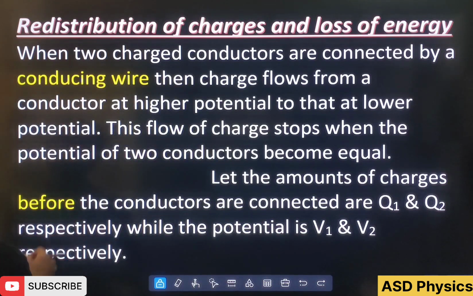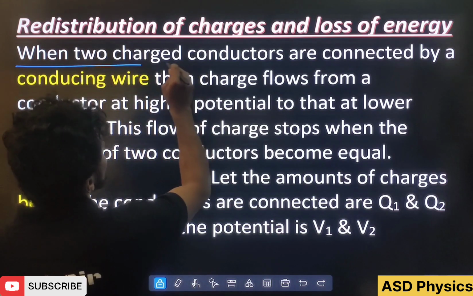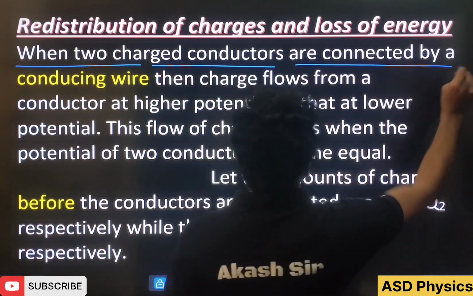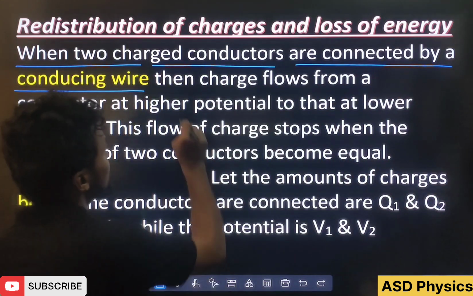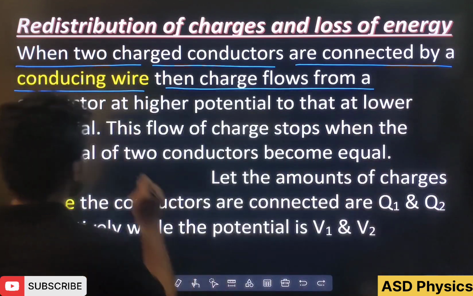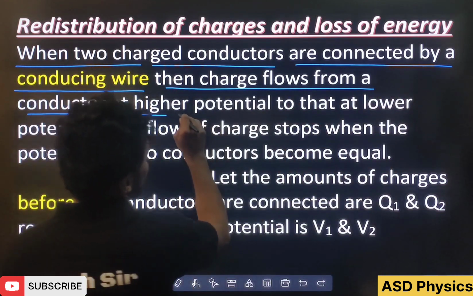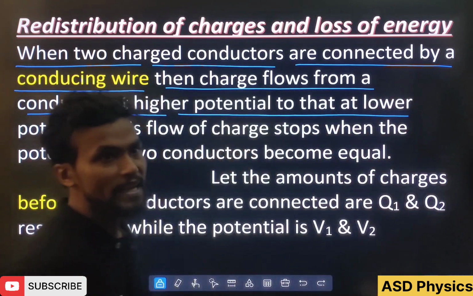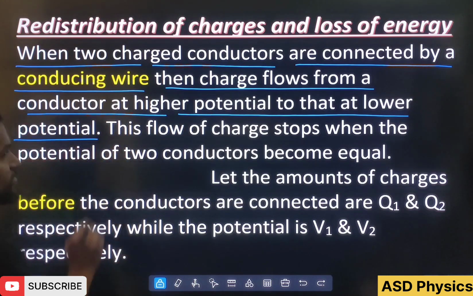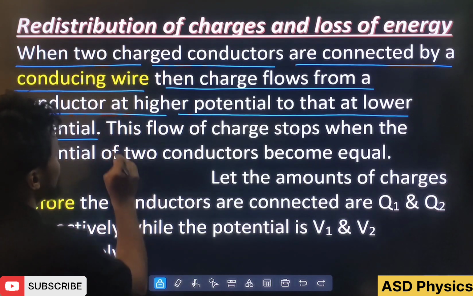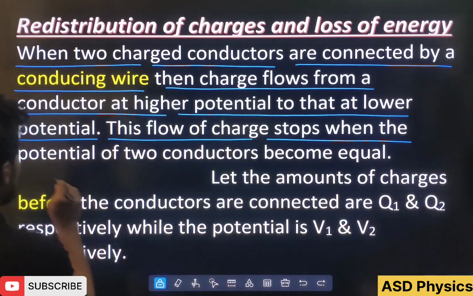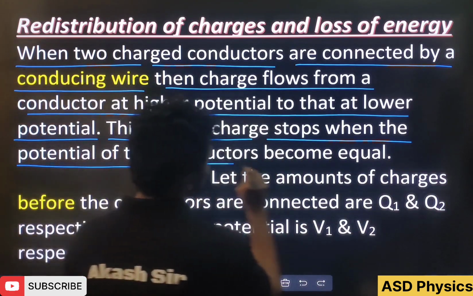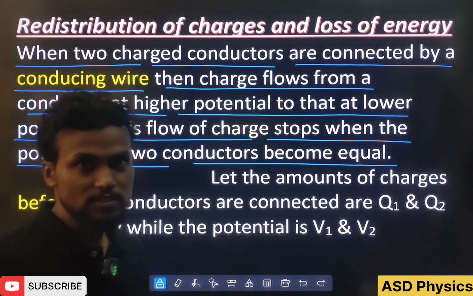Okay, so here you can see when two charged conductors are connected by a conducting wire, then charge flows from a conductor at higher potential to the one at lower potential. As I have told you, this flow of charge stops when the potentials of the two conductors become equal, as we have discussed.